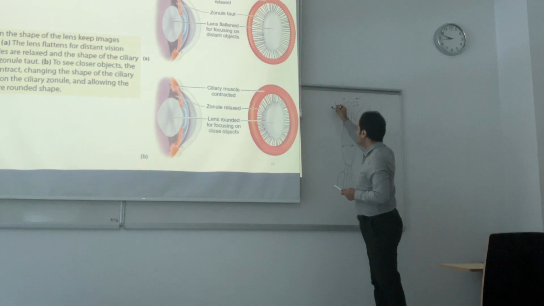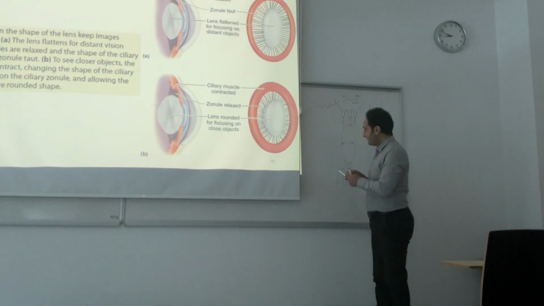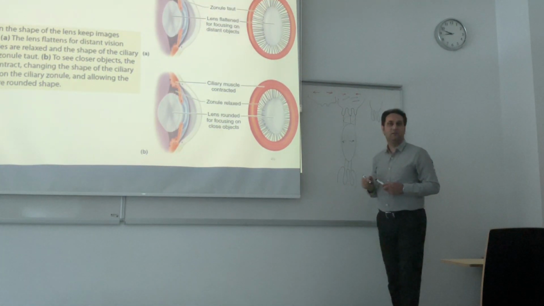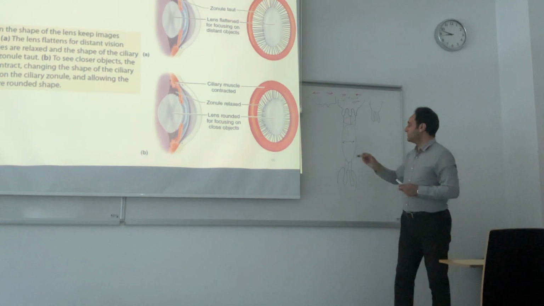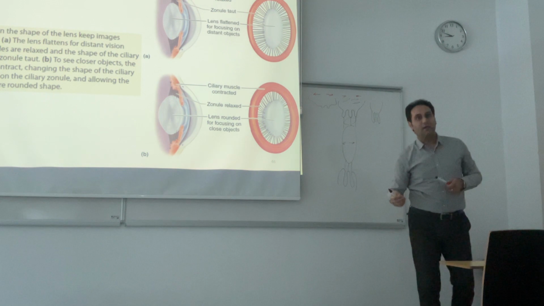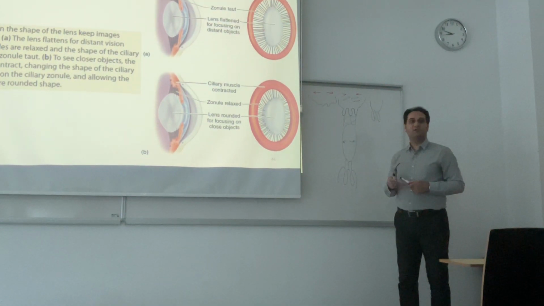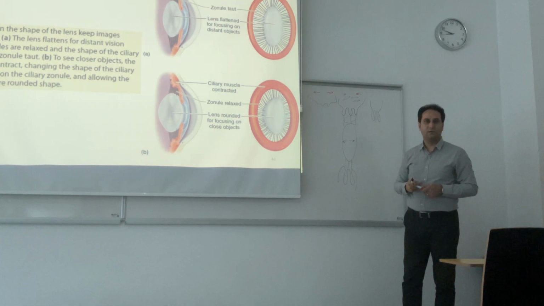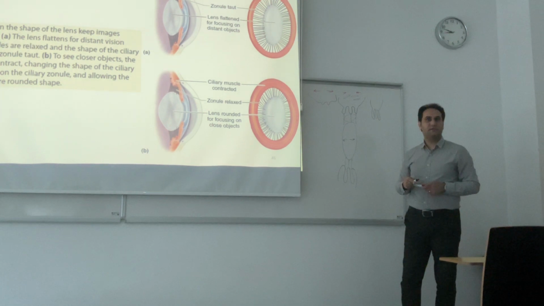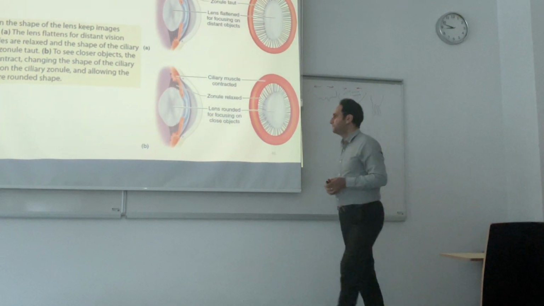For example, we have a ciliary process like this. Because of the relaxation of muscles, the length of the ciliary process decreases, and this decrease leads to tension of the zonular fibers. With this tension, the thickness of the lens is decreased. Can you understand? Okay.